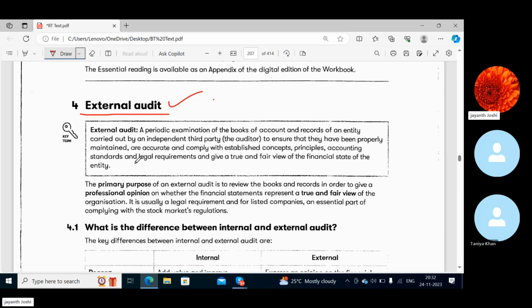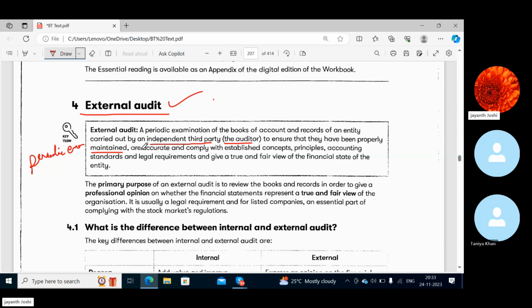So what points have you seen? First, a periodic examination of books of accounts and records of an entity, carried out by an independent third party, the auditor, the practitioner, the chartered accountant, to ensure that they have been properly maintained.